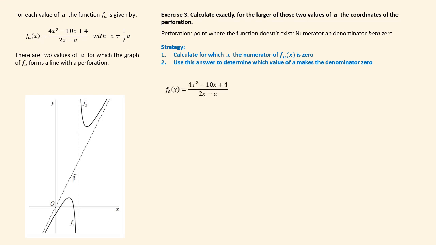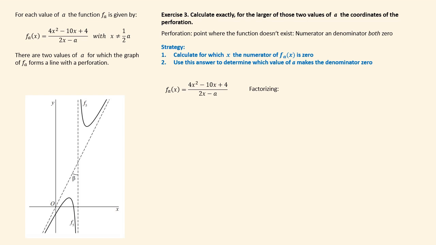Okay, so here we have the function again, the numerator being 4x squared minus 10x plus 4, and this should be 0. So that would be a straightforward quadratic formula which can be solved with the ABC formula. This is perfectly fine, this is a good way to proceed, but just to show you that there's also another way, we're going to factorize.